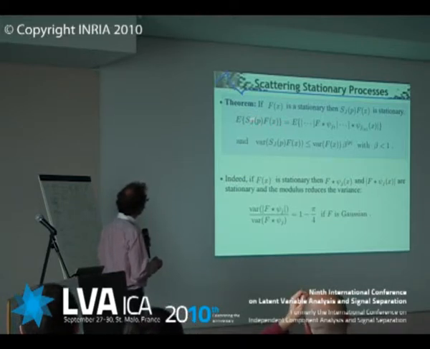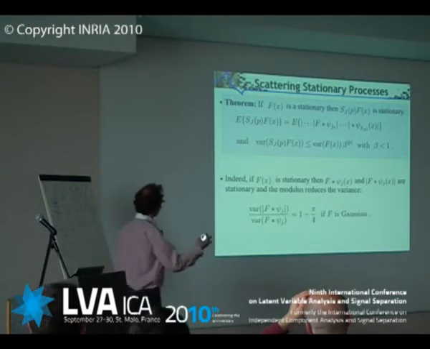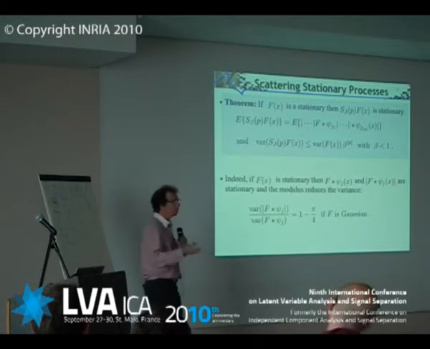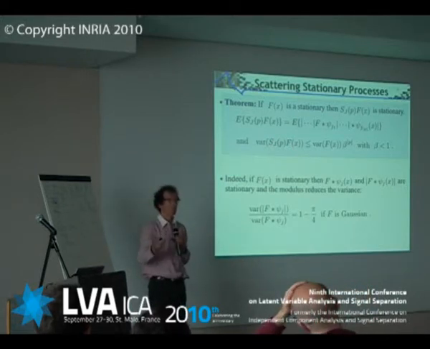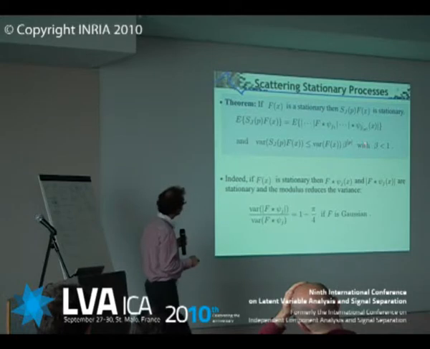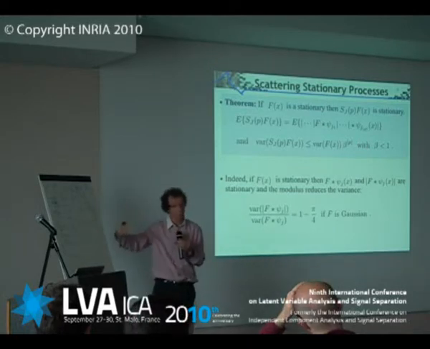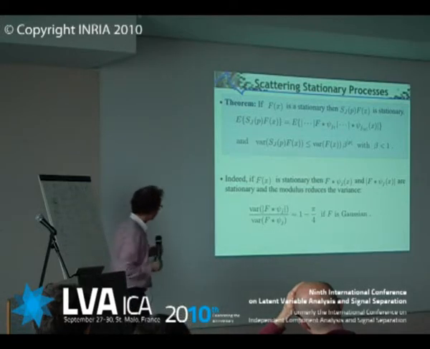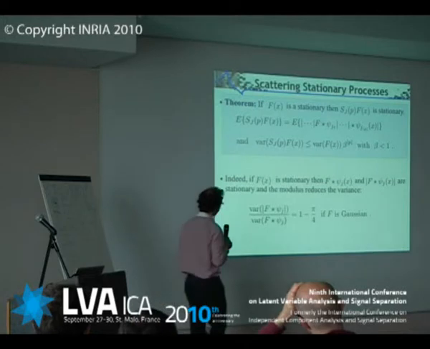In fact, it's not going to depend upon j either, because this just makes an averaging. Second property, the variance of your transform is going to decay exponentially as a function of the scattering order. In other words, if you iterate many times a wavelet transform modulus and so on, you are going to reduce the variance. Why? Take a stationary process.